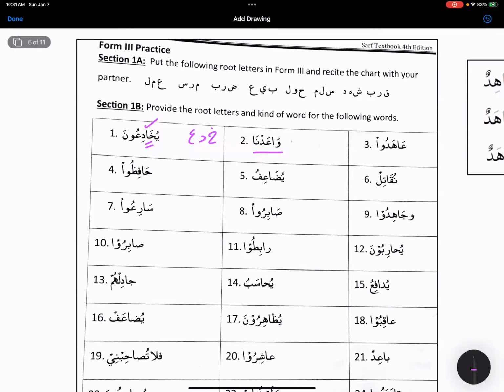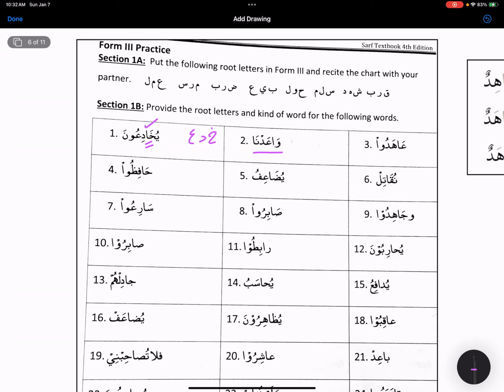Ahadu. That's ain, ha, dal. And it's bab jahada. And this is fe'l madi, fa'iluhu hum. Very good. So the translation is, we promised. Wow, really? Where are we coming from? No, they promised, sorry.